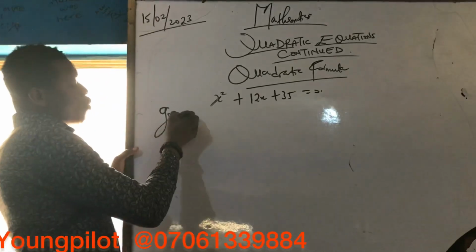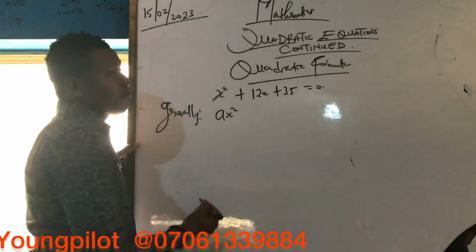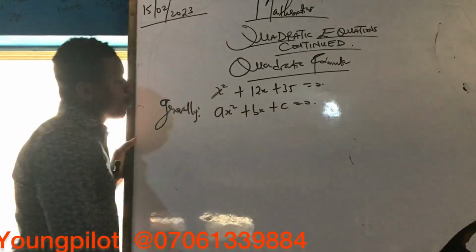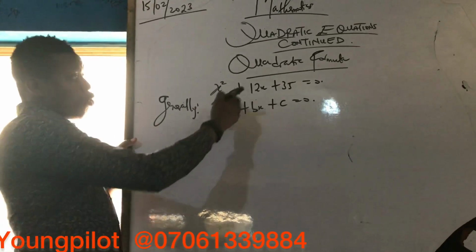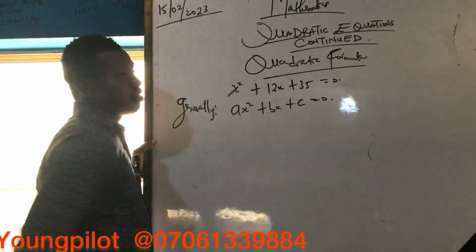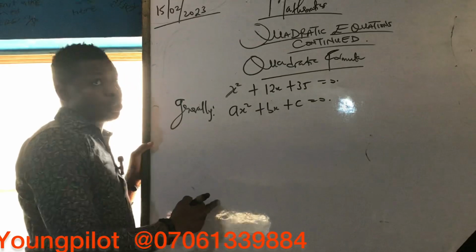Generally, a quadratic equation is expressed as ax squared plus bx plus c equals 0. So the coefficient of x squared is a, the coefficient of x is b, and then the constant. So let's get the a, b, and c from our own equation.